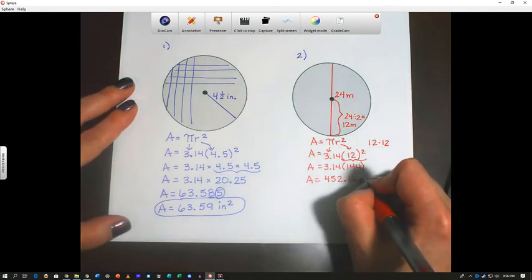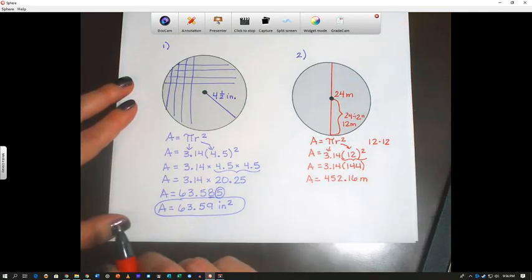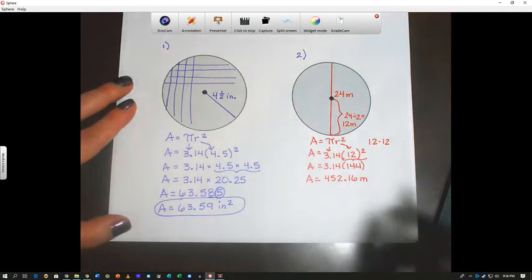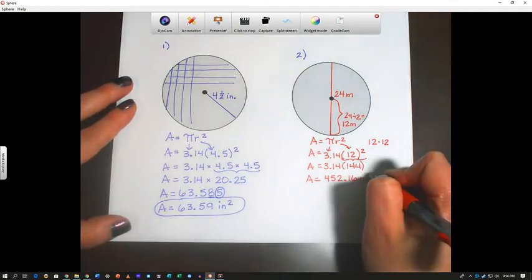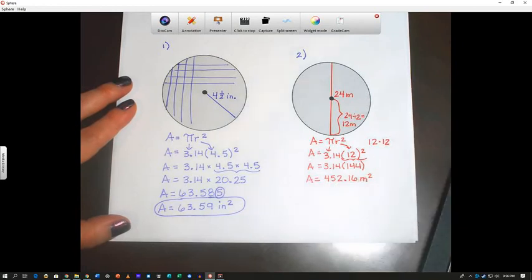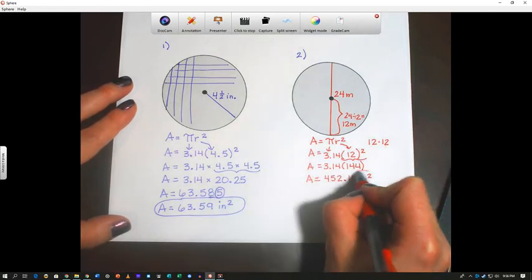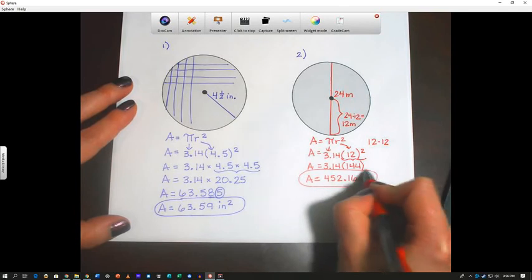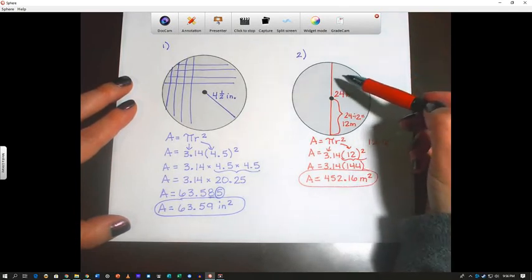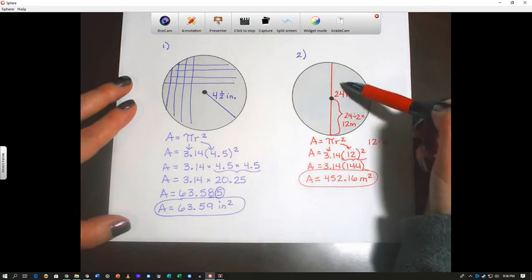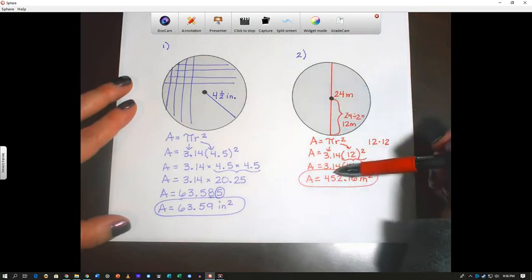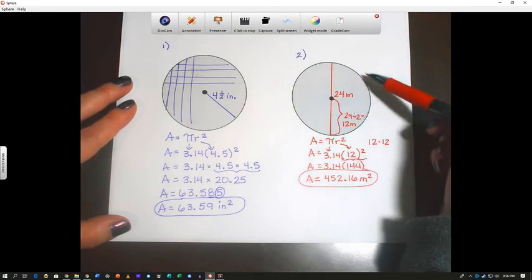And remember that area is two-dimensional. We're doing meters times meters, so that means meters squared. And so again, if we split up this circle into squares that are 1 meter by 1 meter, we're going to have approximately 452 of those within the inside of this circle.